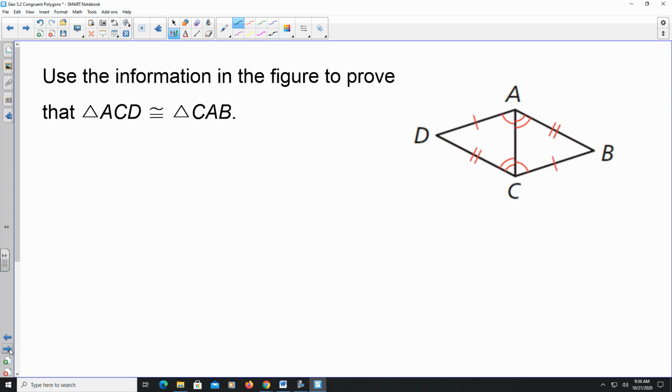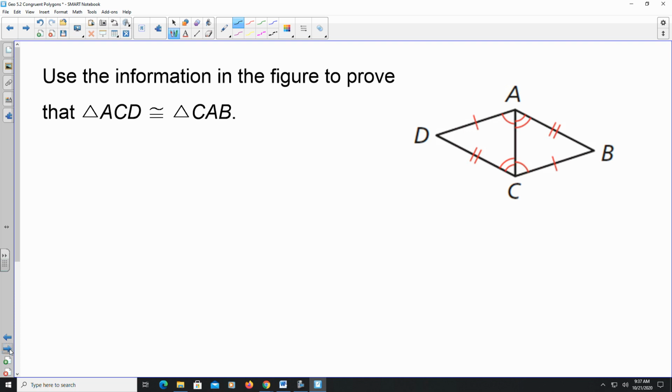Here, it's asking us to use the information in the figure to prove that triangle ACD is congruent to triangle CAB. So I'm looking at these corresponding sides.